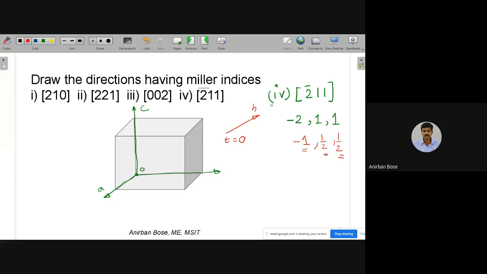Then the difference between the head and tail becomes nothing but the coordinate of the head, because we are considering the tail as origin. So this position coordinate is nothing but the position coordinate of the head. Up to this much clear to everyone?